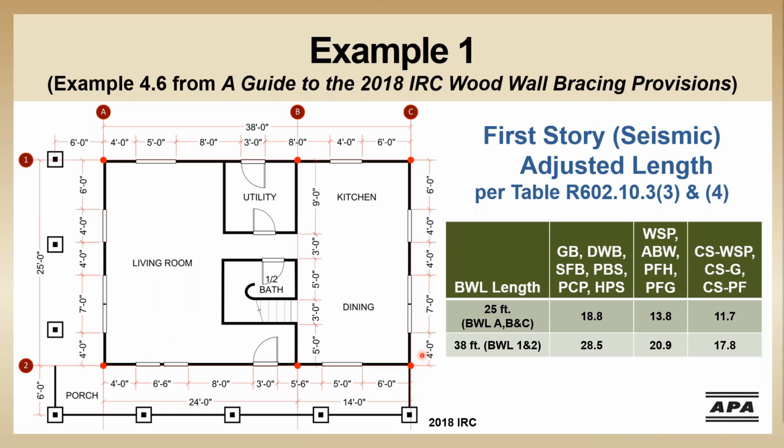I put these into a table again. Braced wall line A, again, has the highest amount of overall required length, and the smallest amount of available wall. We've got 14 feet of wall available, as we mentioned before. This is going to rule out that first column.